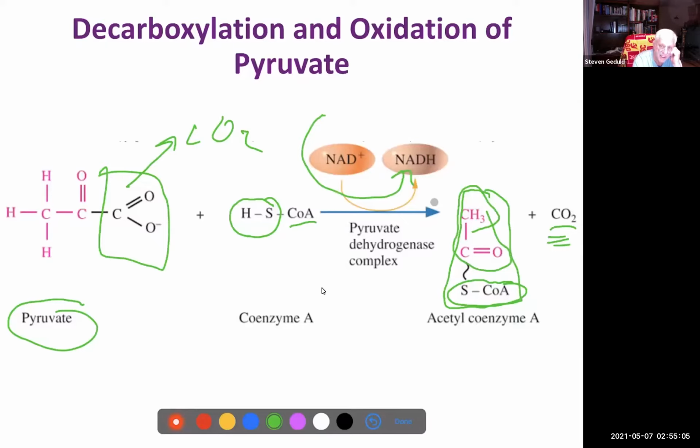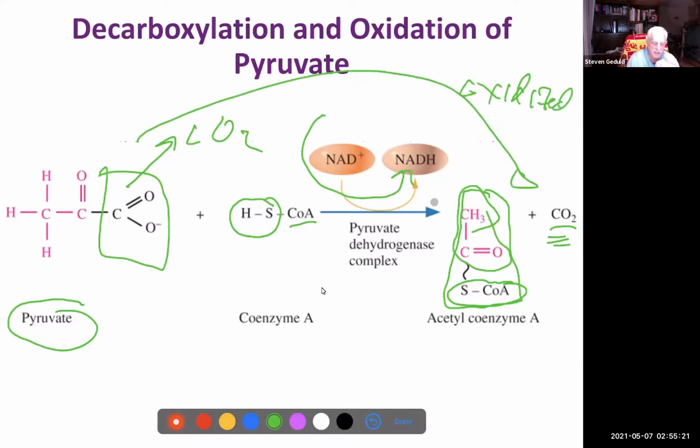So NAD+ is being reduced to NADH, and reduction occurs with oxidation. This is being oxidized to CO2. So pyruvate is being oxidized and NAD+ is being reduced. So you need pyruvate and coenzyme A, and you get acetyl coenzyme A.